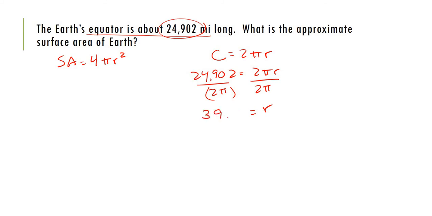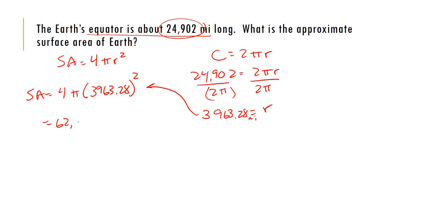The radius of the Earth is 3,963.28 miles. Taking that over here, the surface area of the Earth is 4 pi times 3963.28 squared. In terms of pi, that's 62,830,239.07 pi miles squared.